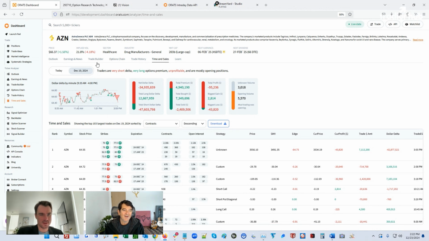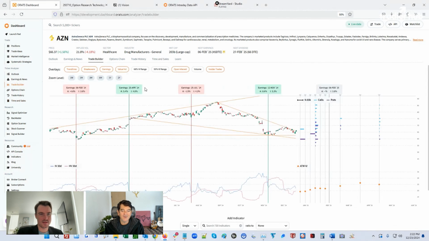All right, so let's go check the trade builder out. Yeah, so I'm liking these. I mean, that's pretty cheap. We got the 70s in green there for a not too expensive price.